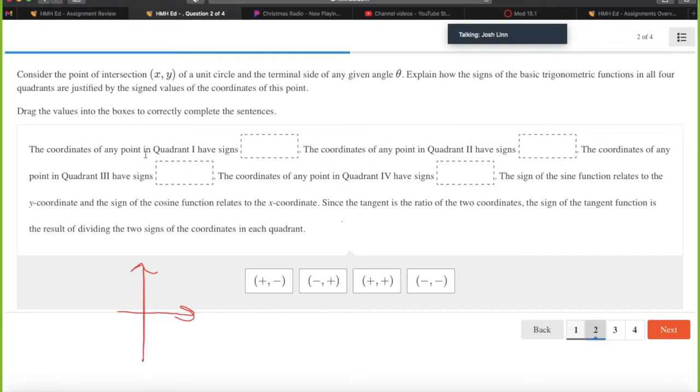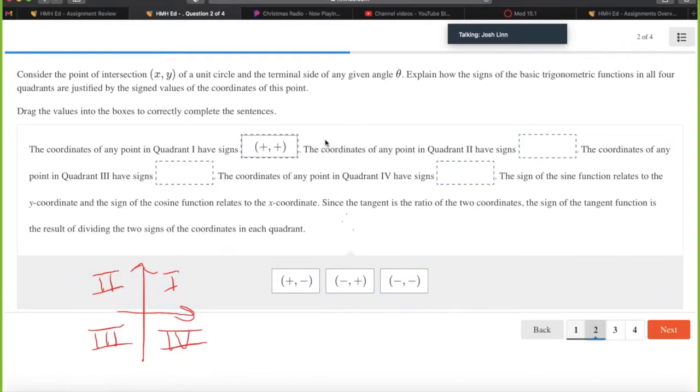The coordinates of any point in quadrant 1, just in case you forgot, have signs plus and plus. Quadrant 2 has negative x, positive y. Quadrant 3 has negative x, negative y. And quadrant 4 has a positive x and a negative y.